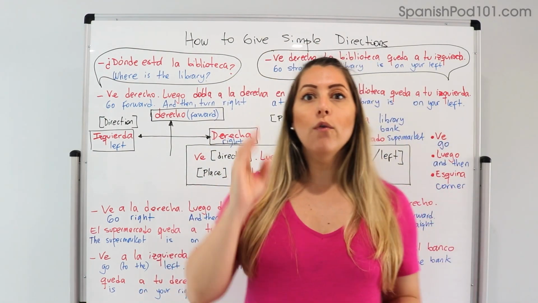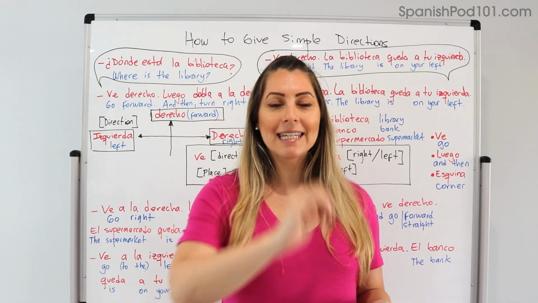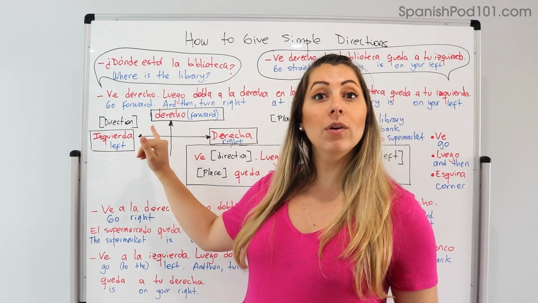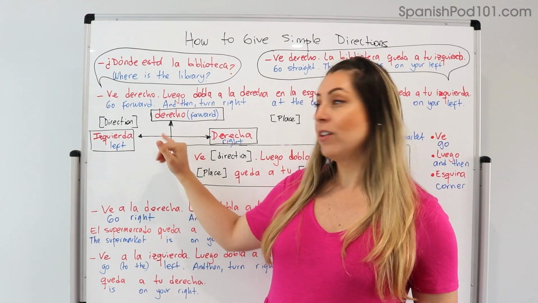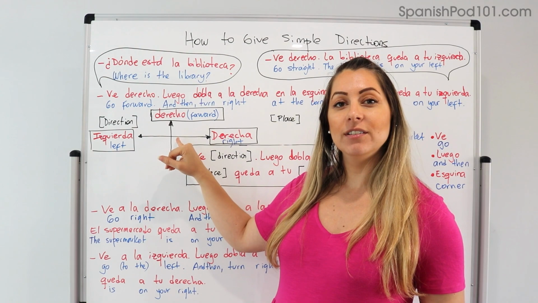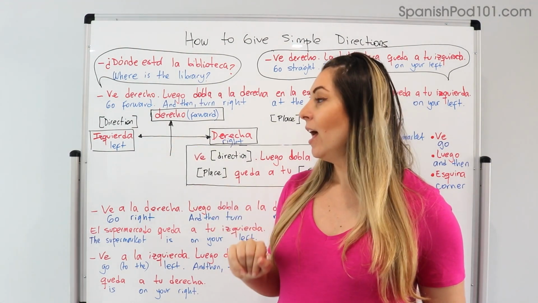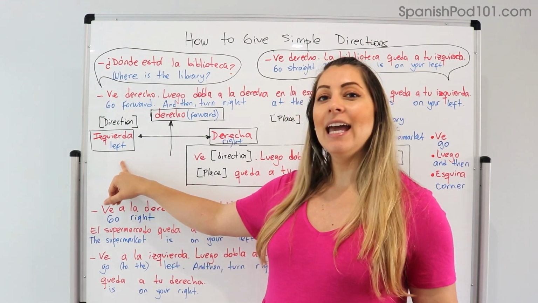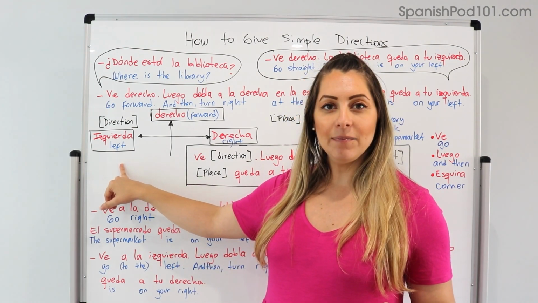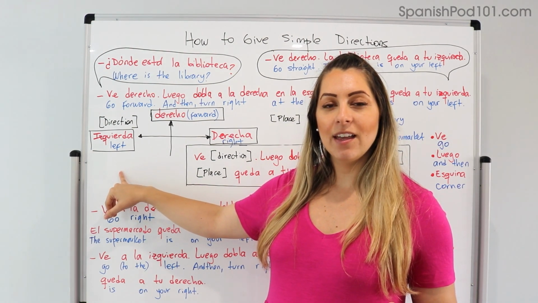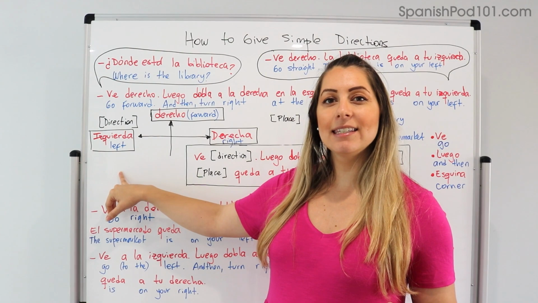So if we want to go forward, yes, straight forward in Spanish, repeat after me. We're going to say derecho. Then if you want to go left, we're going to say izquierda.